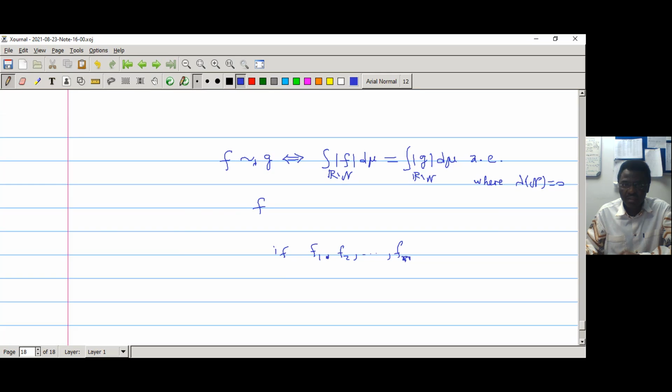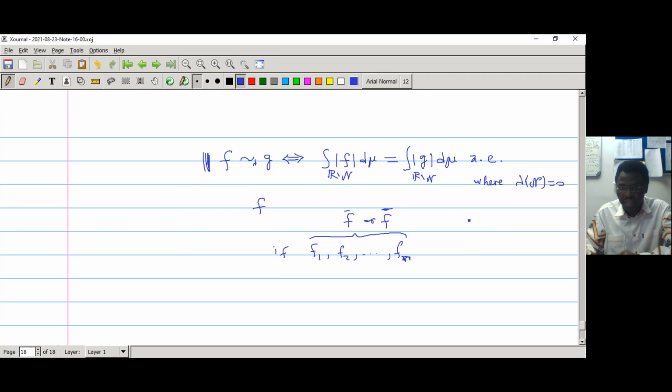Now, instead of integrating each one of them, I will select one among them. So this one is a class, and that class, you can denote it by this, or f with a dot there, or a bar, generally bar, to indicate that this is a class of functions that satisfies this.